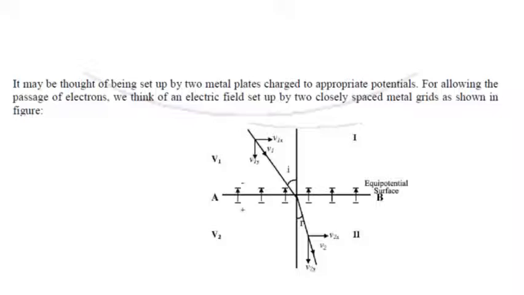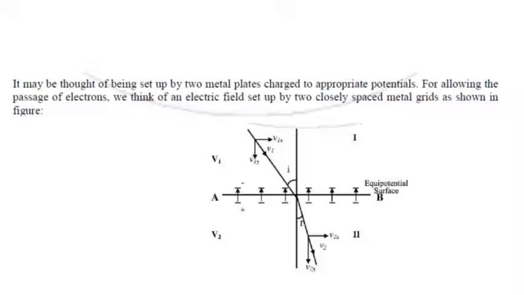For allowing the passage of the electron, we think of two closely spaced metal surface grids as shown there, and the electron is moving from one region to a second region. The regions are equipotential. See the top side: the electron is entering from one region, which we termed V1 potential, and moving towards the second region, that is V2 potential.